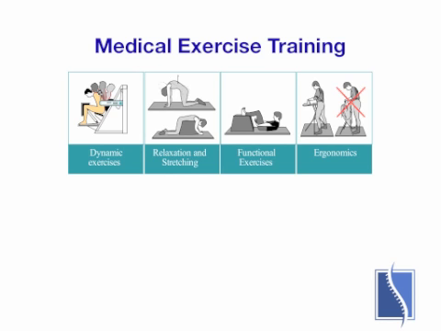In this program, we integrate the following components. The first component is a targeted medical exercise training program. Now, what that specifically means is that we only choose exercises that are meant for your particular condition.